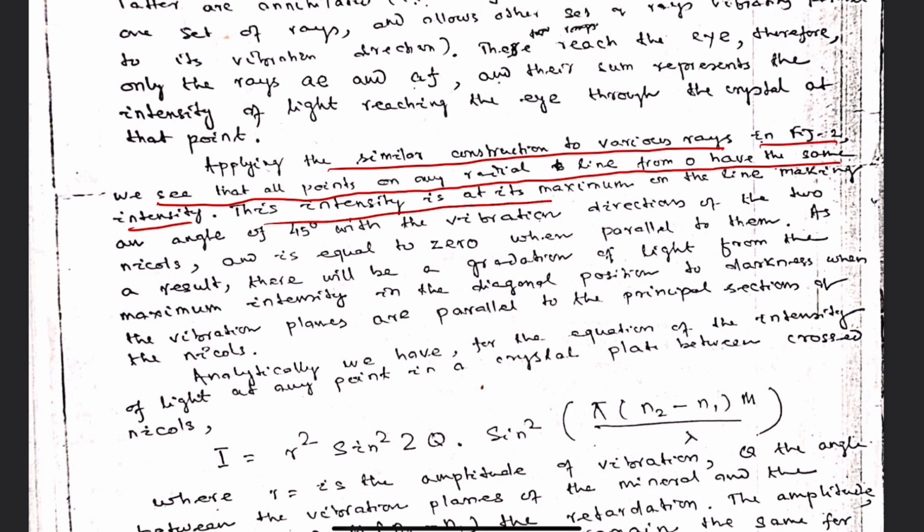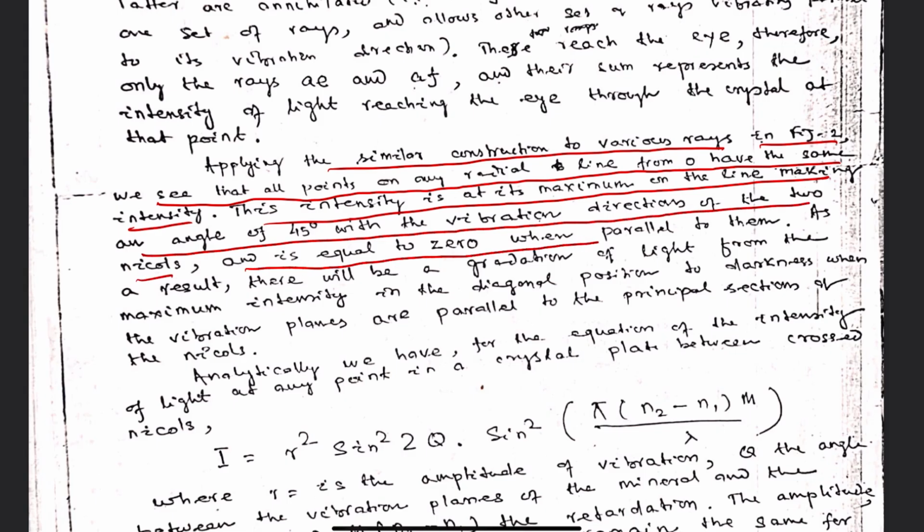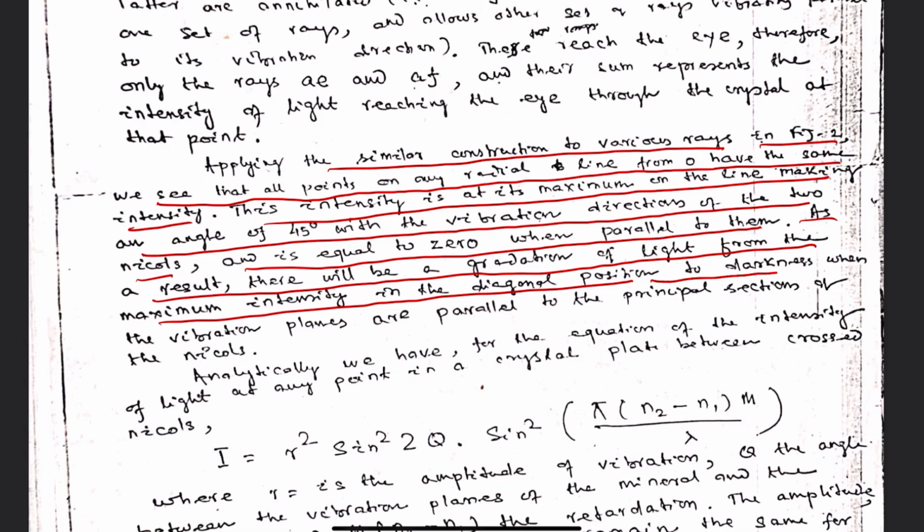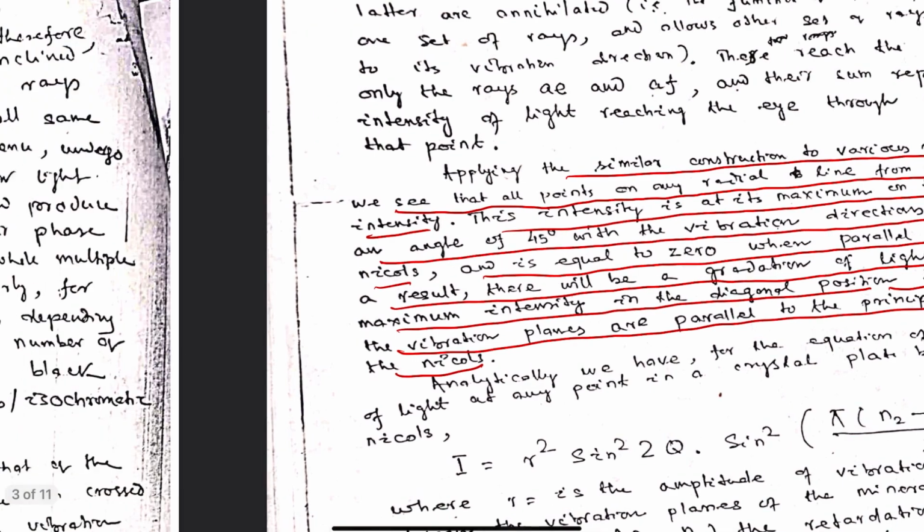This intensity is at its maximum on the line making an angle of 45 degrees with the vibration directions of the two nicols and is equal to 0 when parallel to them. As a result, there will be a gradation of light from the maximum intensity in the diagonal position, that is the 45 degree position, to darkness when the vibration planes are parallel to the principal sections of the nicols.